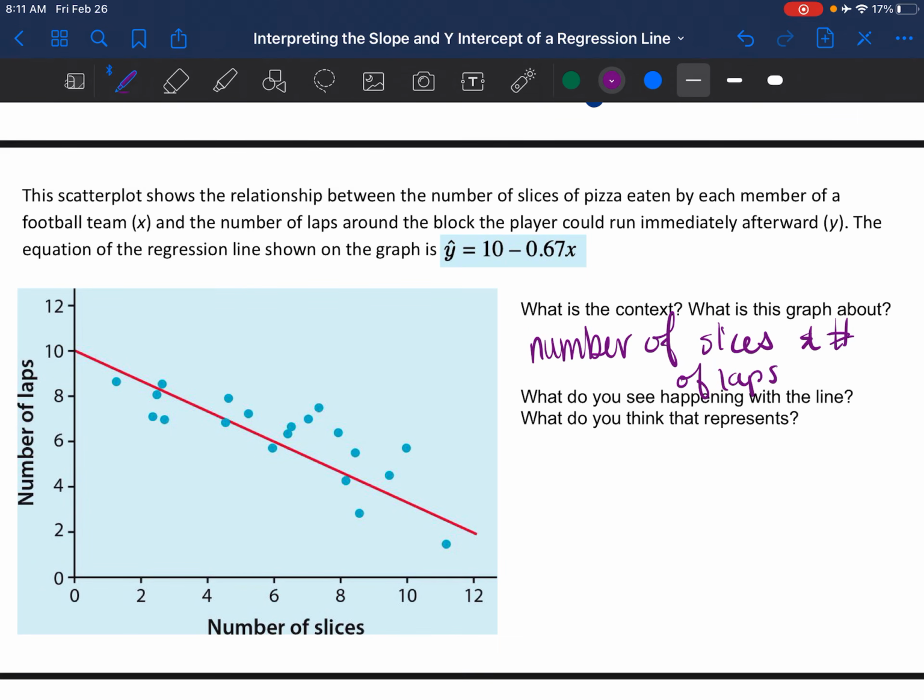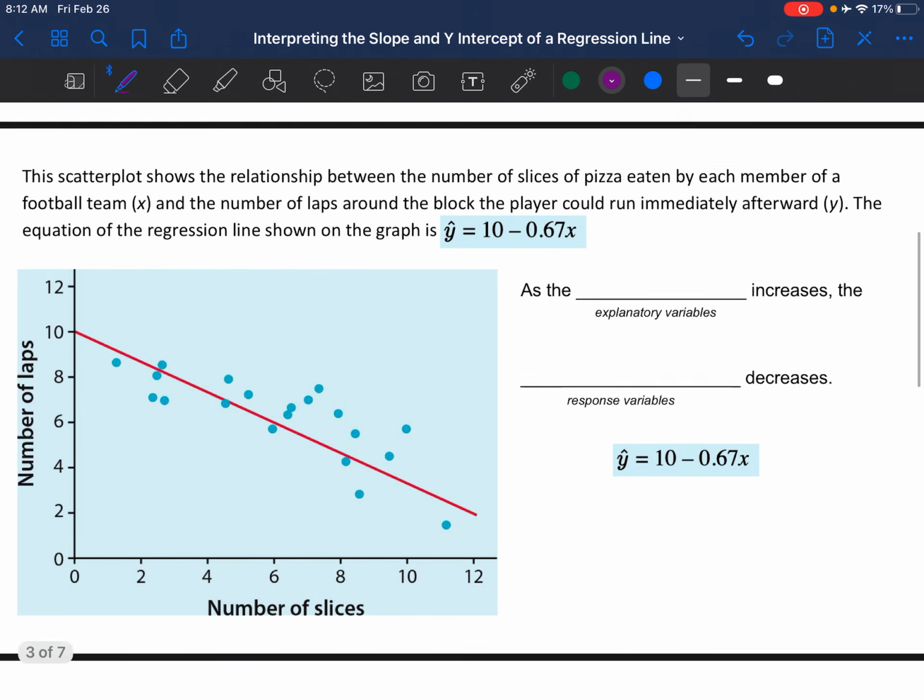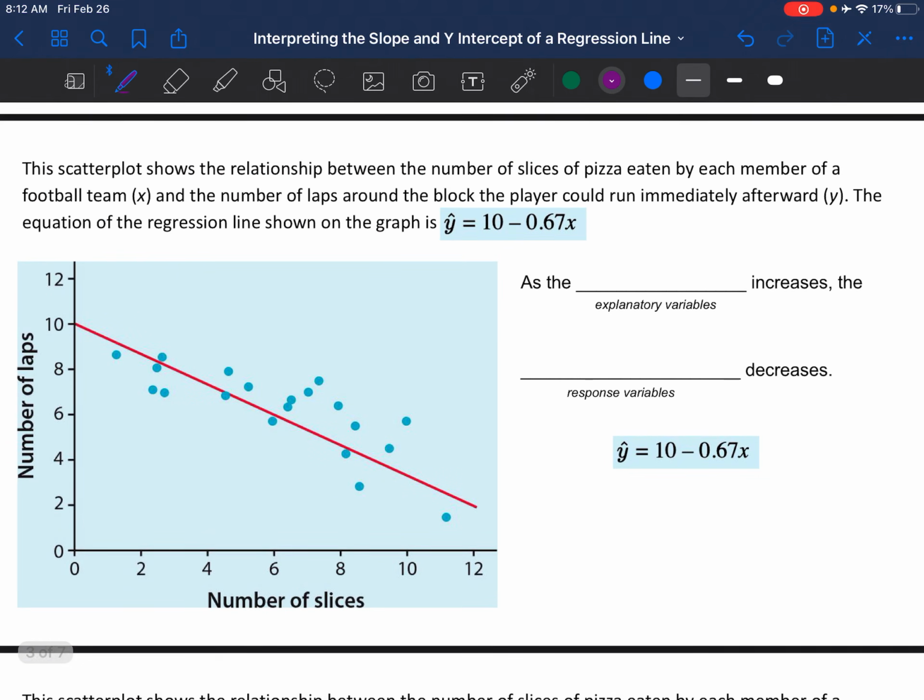So what do you see happening with this line? Well, I see it's negative. And that means as the number of slices increase, the number of laps decrease, which makes sense. When I eat more, I don't want to run as much as I could before. So I think this represents the more pizza you eat, the less you run. And that's where we're really going to start to think about how to interpret this.